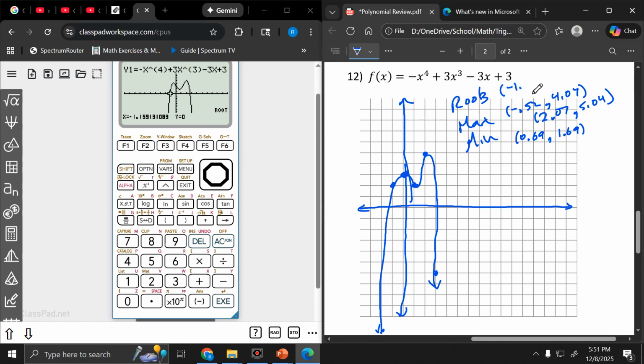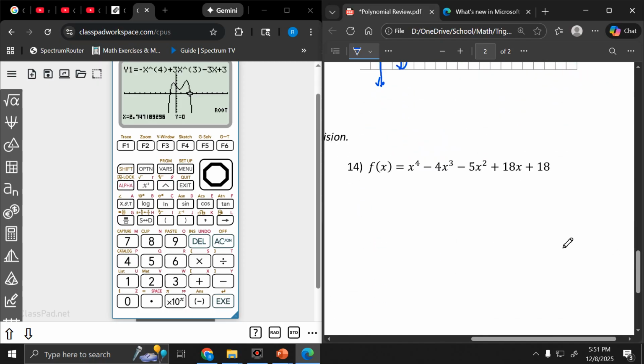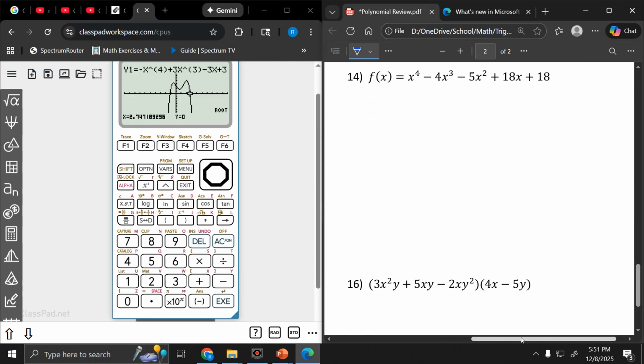And I have negative 1.16 comma. The next one is 2.75. Now these are 2 different points, so don't really need that. Okay, that does those.